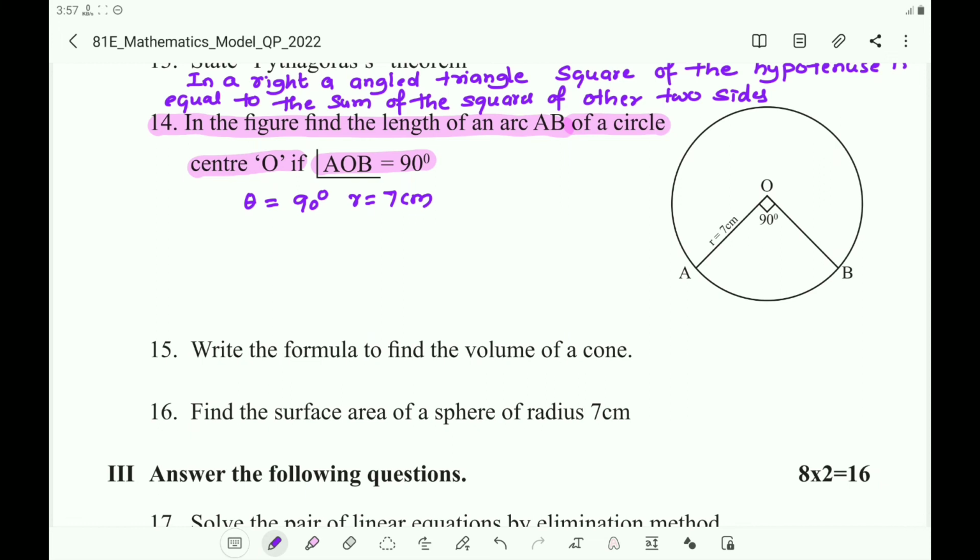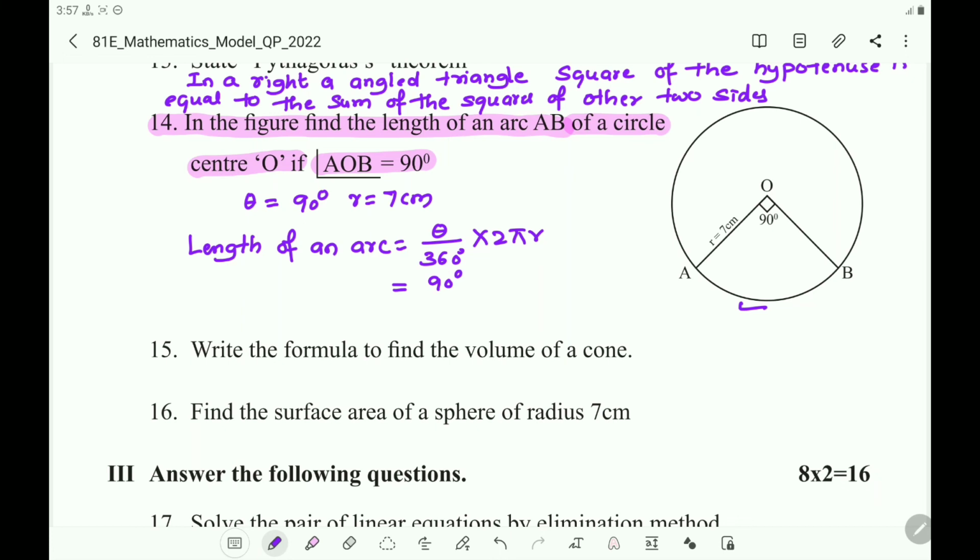What is the formula to find the length of the arc? Length of the arc equals theta by 360 degrees into 2 pi r. 2 pi r is the circumference of the circle, and the arc is made with an angle of 90 degrees, so theta is 90 degrees.